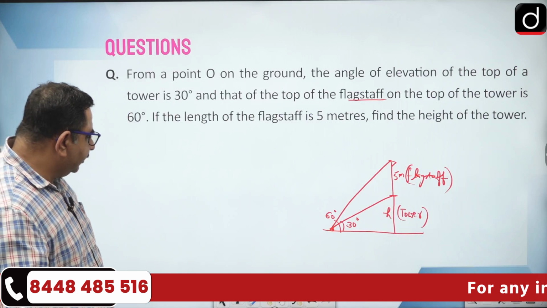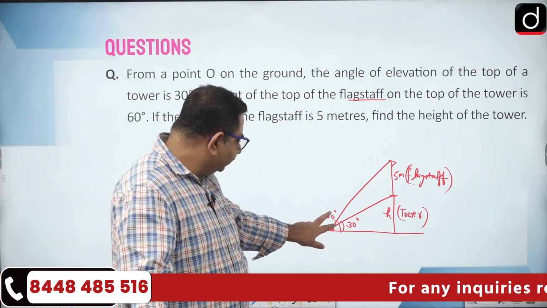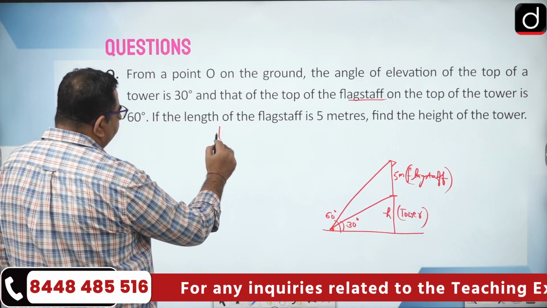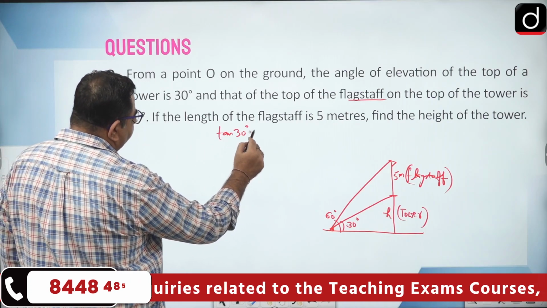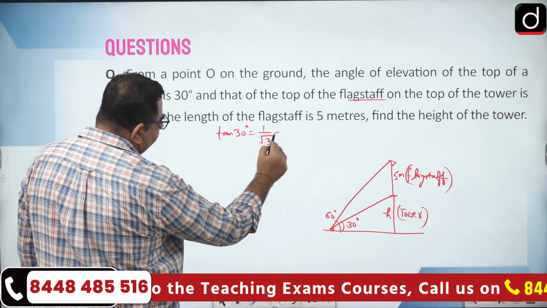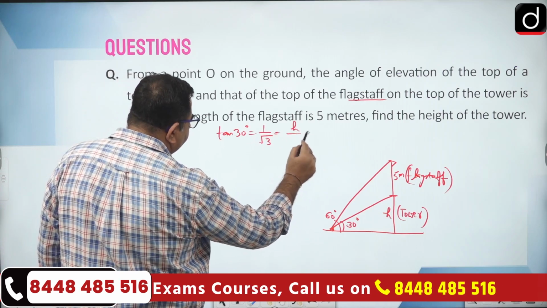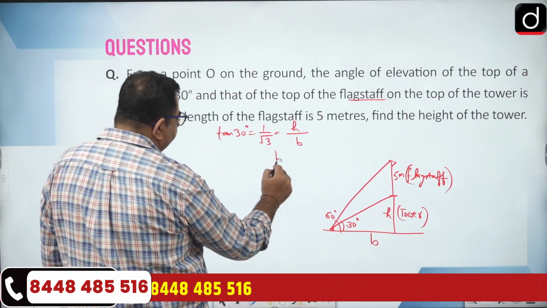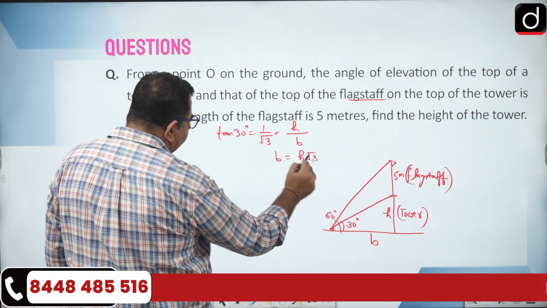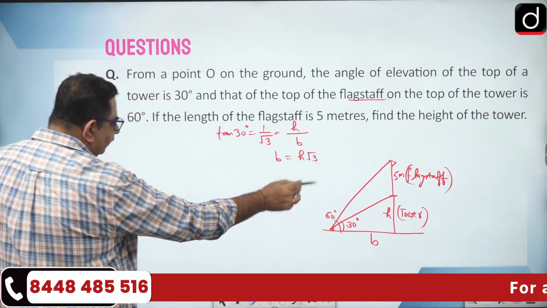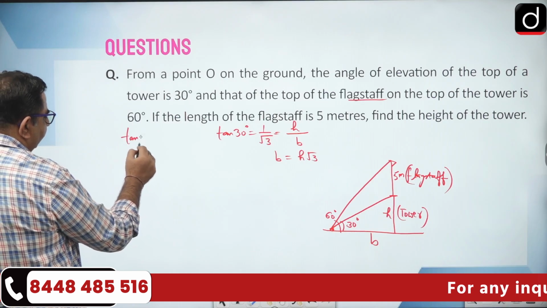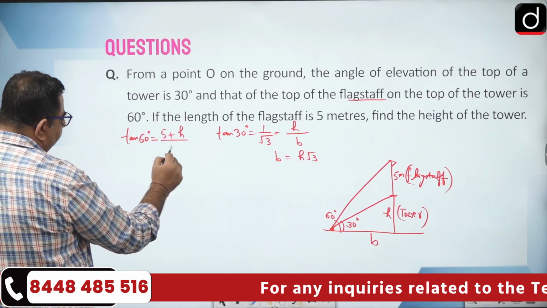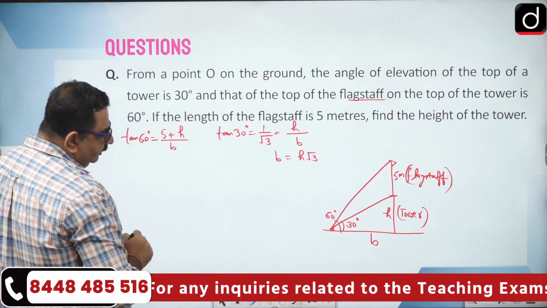So again, there are two angles, 30 degree and 60 degree. So we can apply tan 30 degree is 1 by root 3, that is equal to h by, let's say this length is b, right? So we can say b is equal to h root 3. Then we can apply in the bigger triangle, tan 60 degree is 5 plus h upon b, height by base.